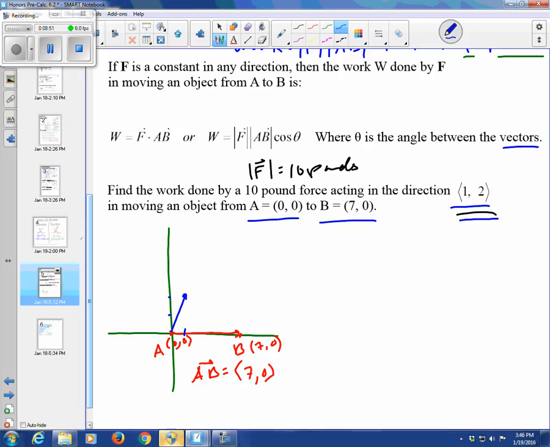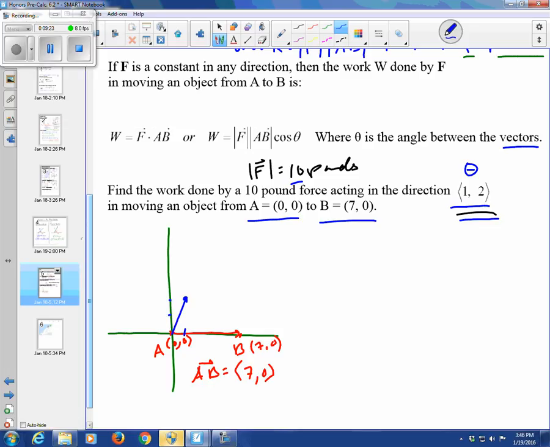The magnitude of this vector is not representing our 10 pounds. Really all we're taking from this vector is the direction. So we've got a force of 10 pounds operating in this direction over an interval, where we're pushing basically for that 7 units. So what we want to do is take theta from our component vector right here.